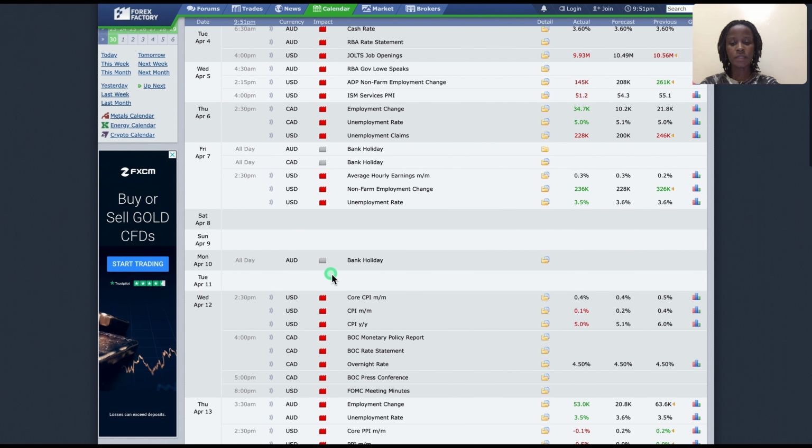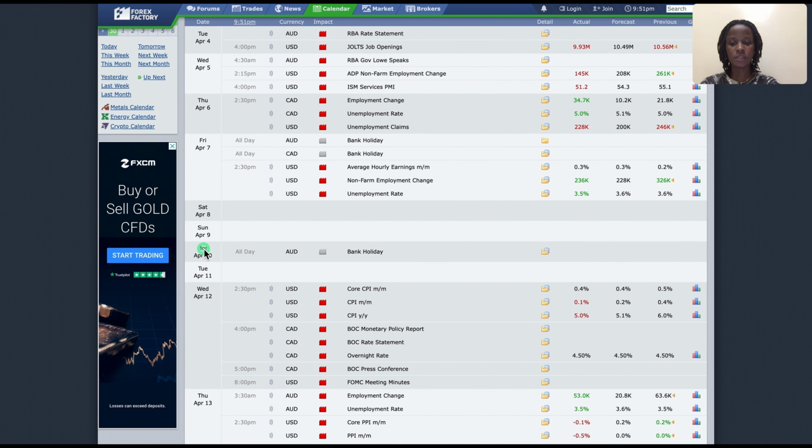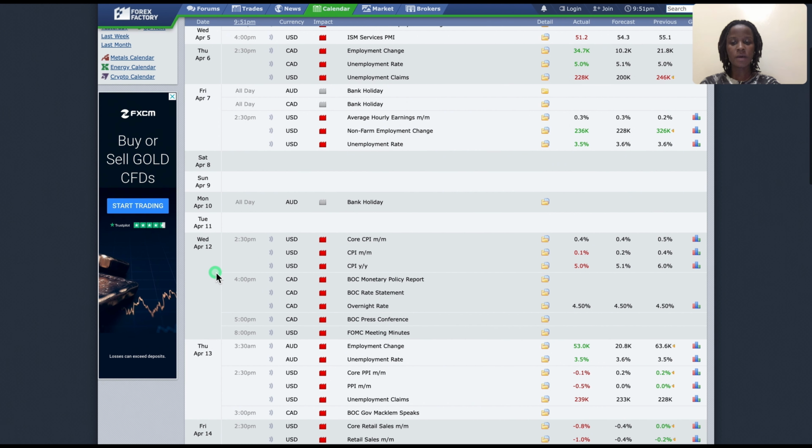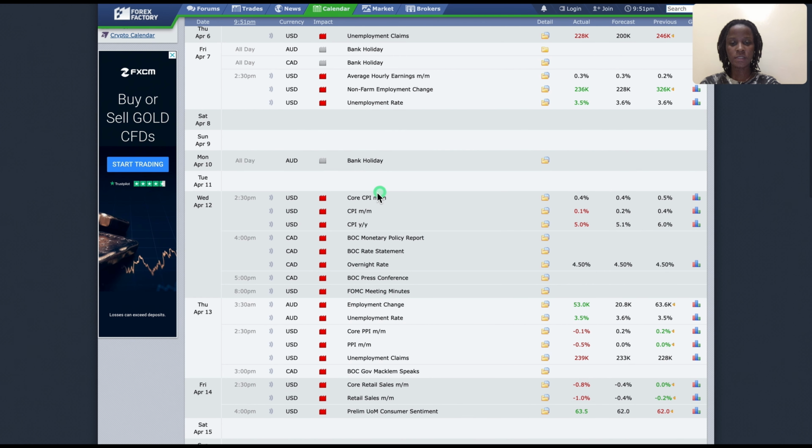The only days that I'll be looking forward to trading are April 10th and April 11th, but then April 12th, I will not be trading. Why? Because you can see we have CPI here, and most of the time I don't trade on these days of CPI. Since we are trading CADJPY, if we have CPI of CAD, I will also not trade on that day.